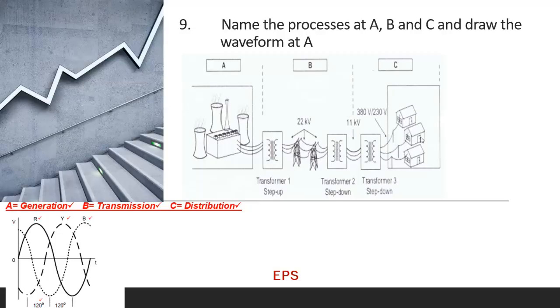At B we have transmission, and at C we have, as I said, the distribution network. So this whole thing would be the national grid, and then it is later stepped down for the distribution network.